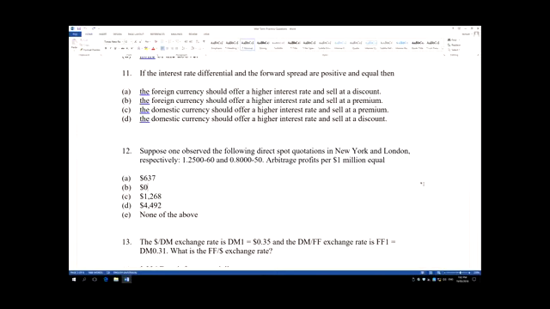So has the domestic currency increased or decreased in value? Okay, so let me write this better. So we've got domestic per foreign, domestic per foreign, domestic per foreign, right? So if F minus S increases, that means the amount of domestic currency per unit of foreign currency has increased or decreased?